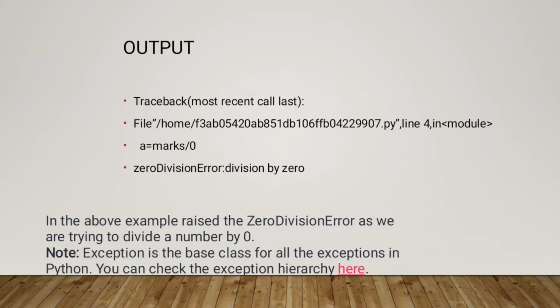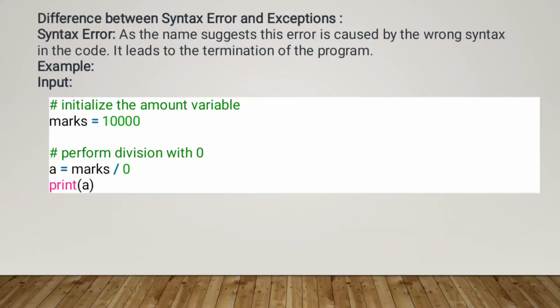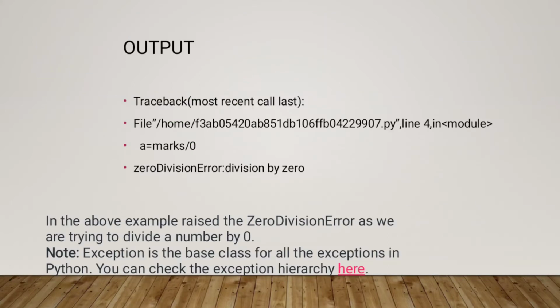The output will be the error, because in the program marks are given as 10000 divided by 0. Anything divided by 0 is infinity, so infinity can't come in the output, so it will give the error.